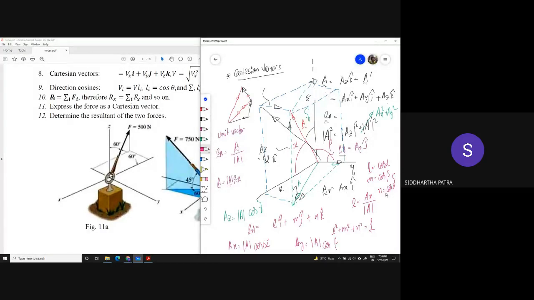Okay, you need to appreciate this derivation. This would not have been possible without the unique representation. When I took the components, one along the xy plane and the other parallel to the z axis, obviously the component parallel to the z axis was A cos gamma.